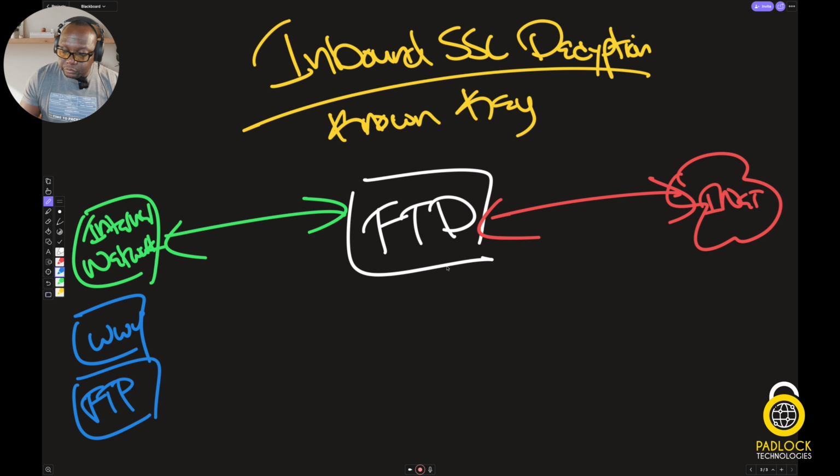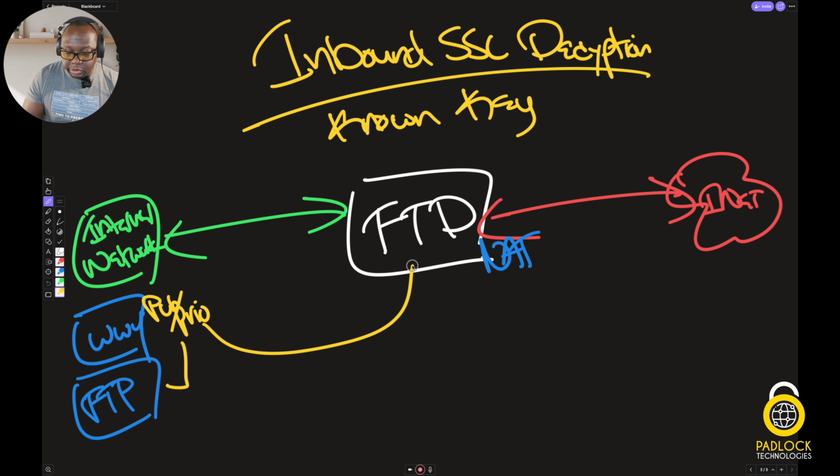Obviously, this is going to have some type of NAT function to the outside world, so they can get an IP address assigned to the internal resource. The difference here, though, is that you're going to take the certificate, so the public and the private key, on each of these, and you're going to upload them to the FTD.